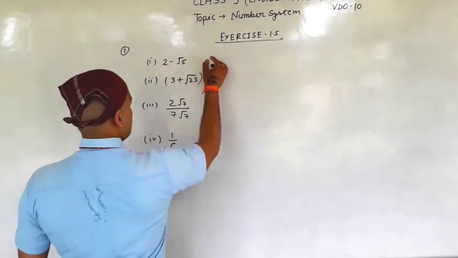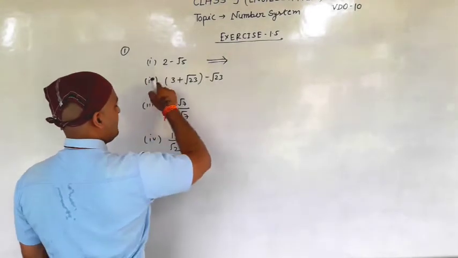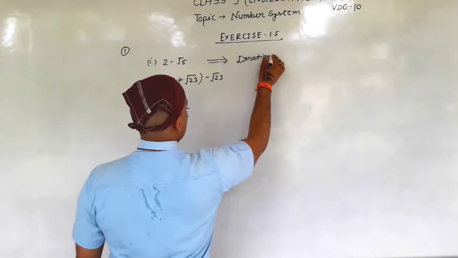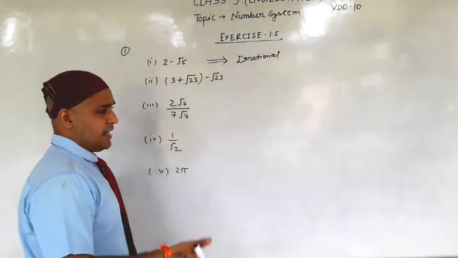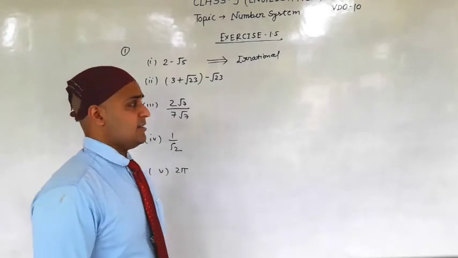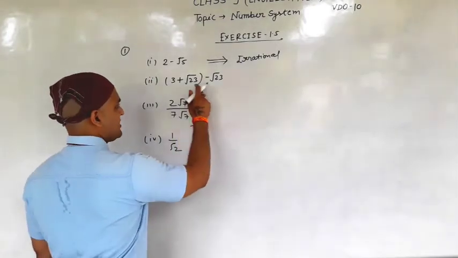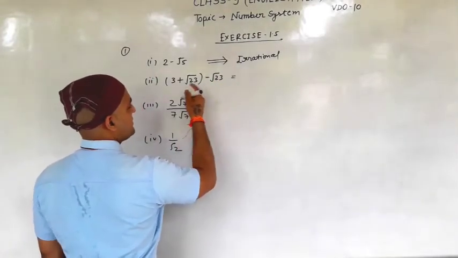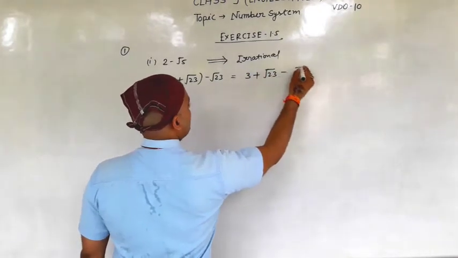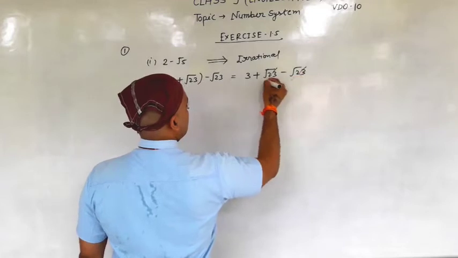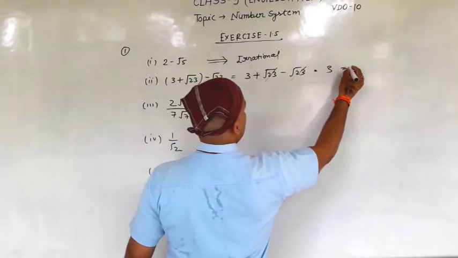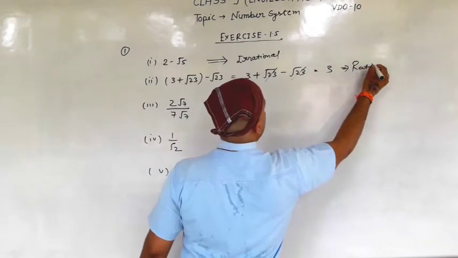Dear students, you can identify that 2 minus root 5 is an irrational number, because we know that if we add or subtract a rational and an irrational number, it always gives an irrational number. In the second question, we have to solve 3 plus root 23 minus root 23, and the result is 3. We know that 3 is a rational number.